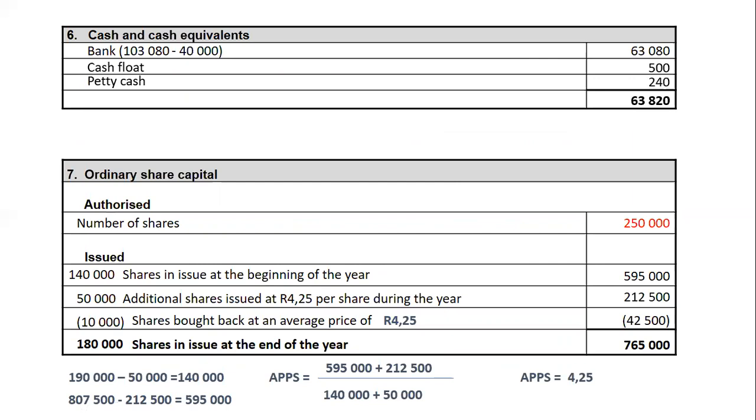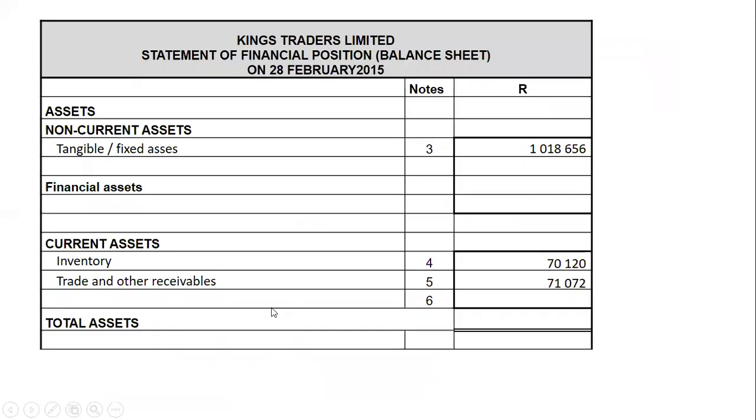It's going to give me my total cash and cash equivalents of 63,820. That 63,820 will be recorded under current assets. So I'm going to have cash and cash equivalents, and the amount will simply be 63,820. And then I'm just going to add everything up.